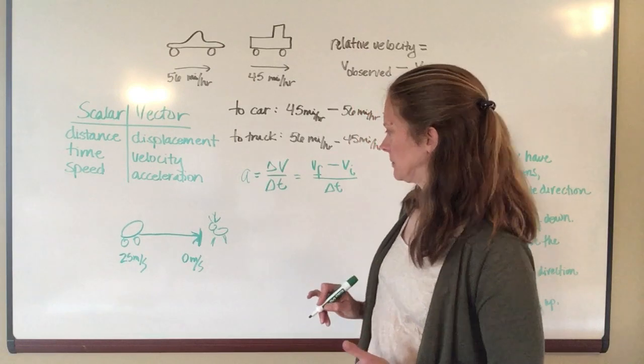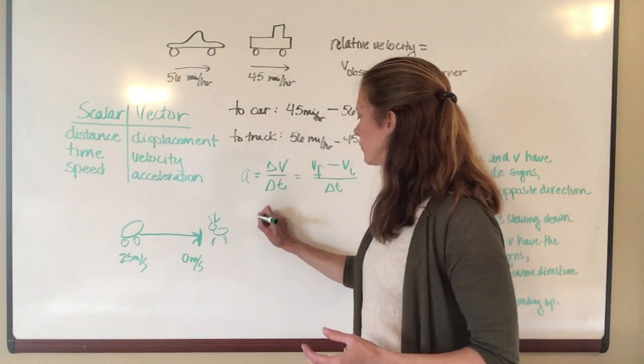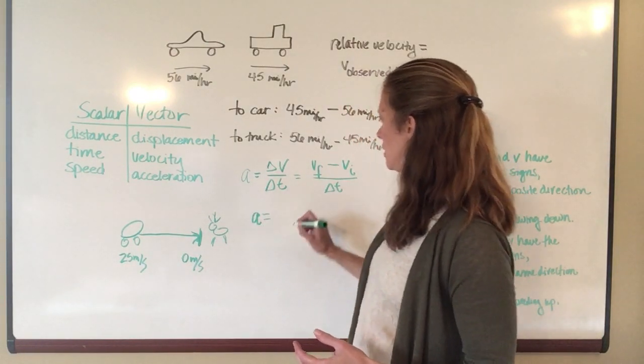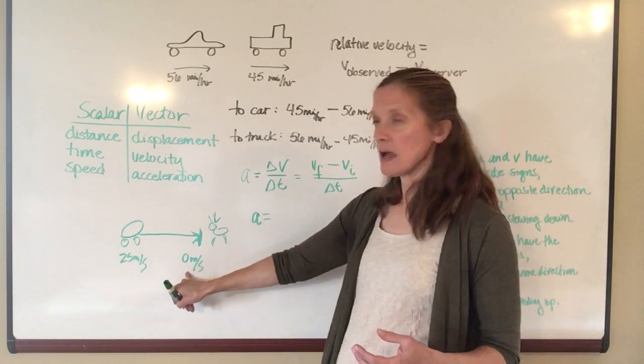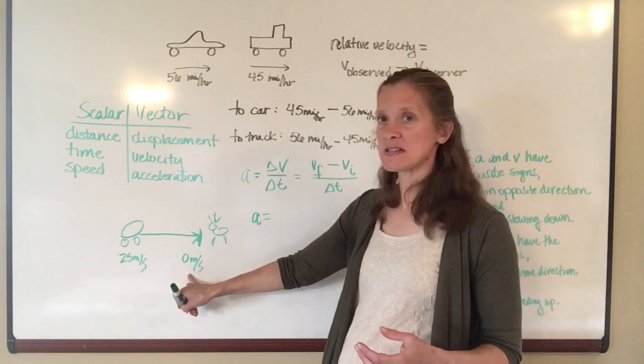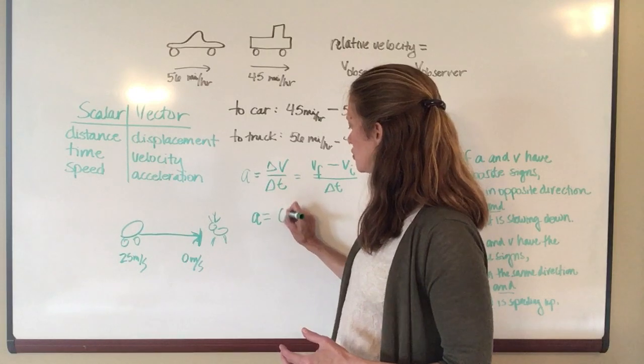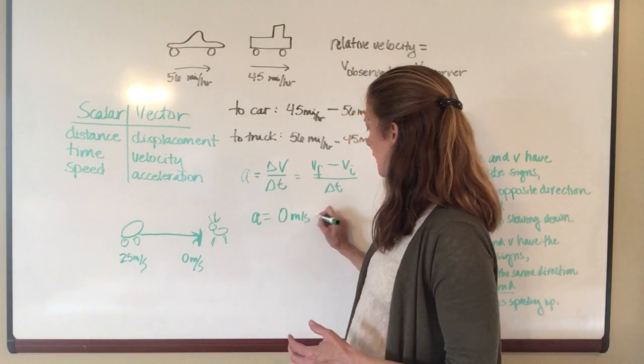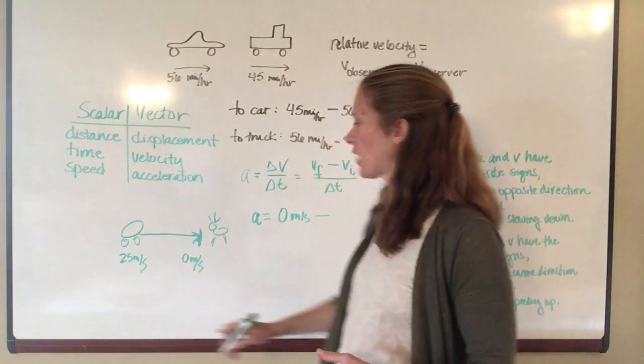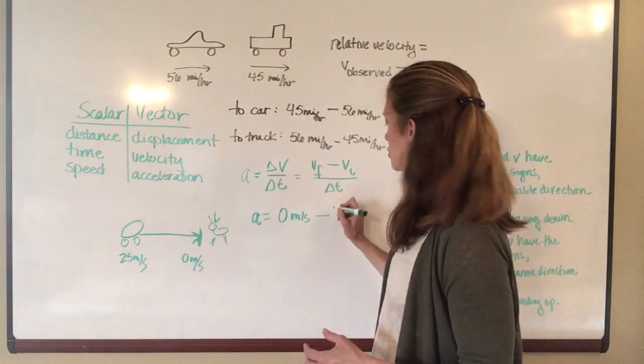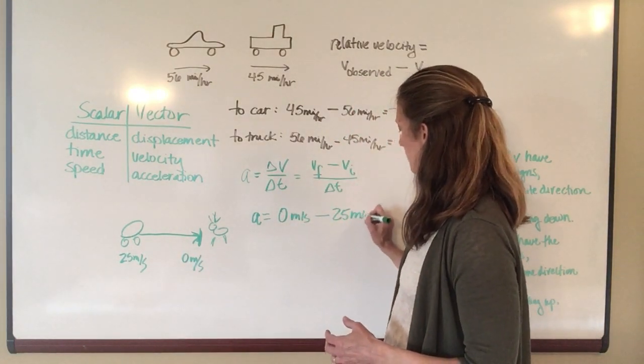Okay? So if I am calculating acceleration, his final velocity is going to be 0. This is what it is at the end. And so I'm going to start with 0 meters per second, and I'm going to subtract his initial velocity, what he started at, which is 25 meters per second.